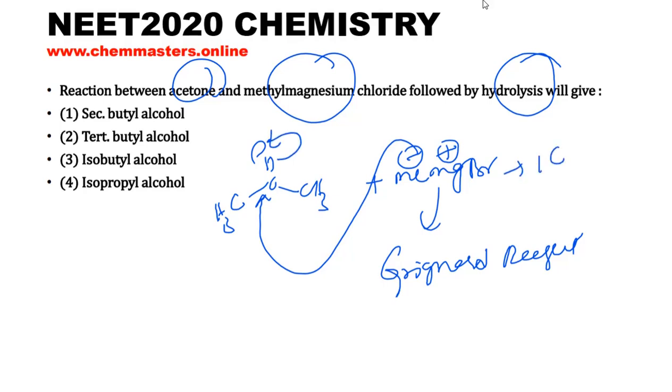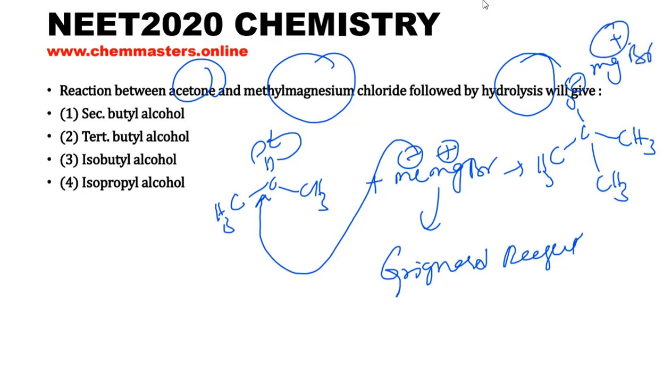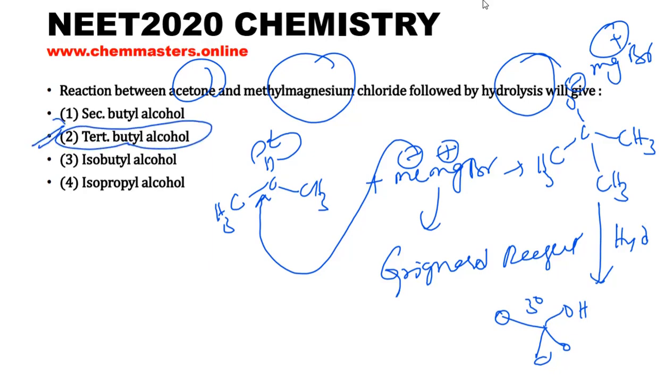So here you will get O minus, and here Mg plus Br. Now on hydrolysis, it produces a tertiary alcohol. That's why we can say tertiary butyl alcohol is the correct answer. So the second option is our answer.